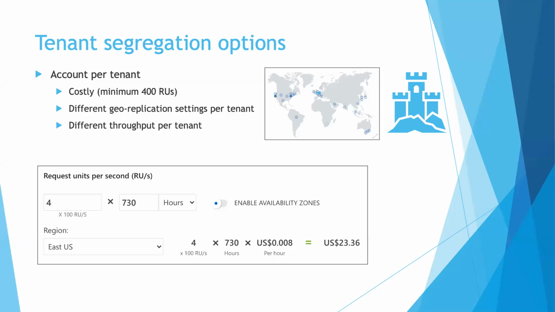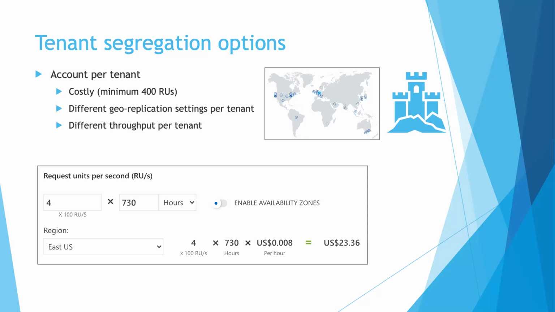And if you allocate too little, then your read and write operations can get throttled. So the minimum is 400 RUs that you can allocate. And that is true for the auto-scaling option as well as the manually scaled option. So 400 RUs. So bear that in mind.